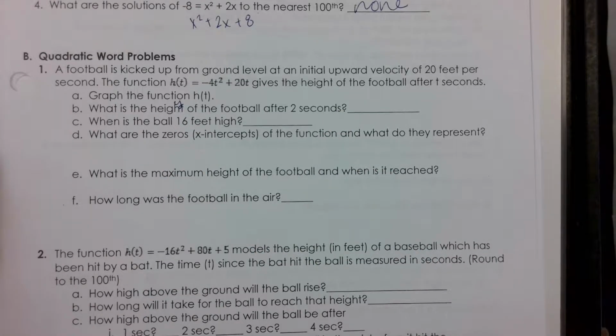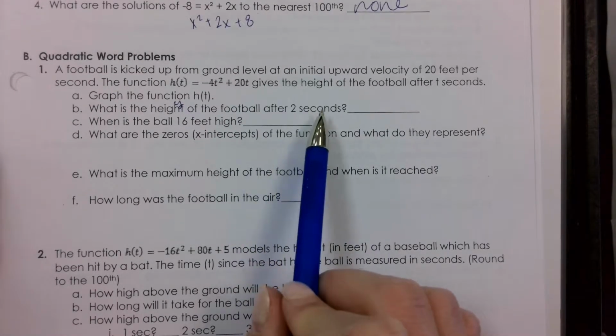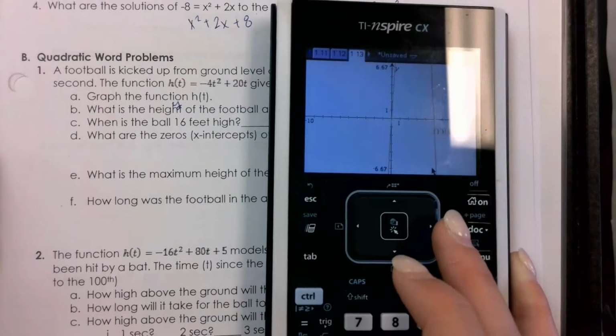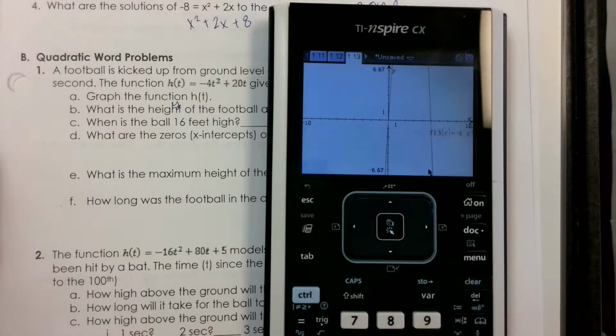How can we go about figuring that out? You could plug in 2. What'd you say, Ashley? What do you mean? We would do that if y was equaling some number, and we wanted to see what x was then. But since x is just 2, and we want to know what y is there, can we just look at the table? Do you remember how to pull up the table?